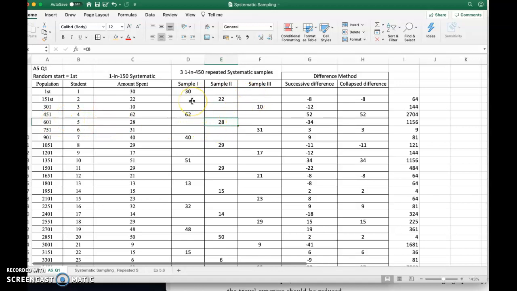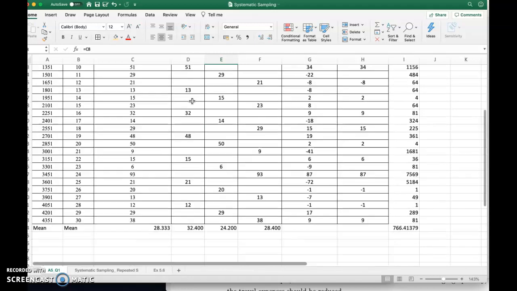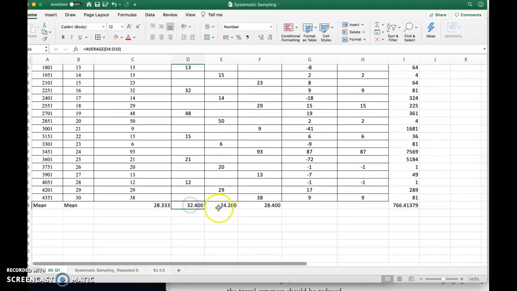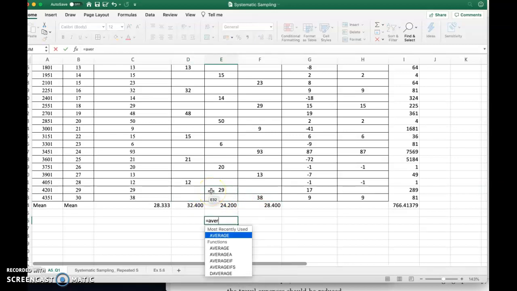So in this case, I would have 3 repeated systematic samples, and I have 3 y-bars. I can calculate the means of them, which is the mean of means.